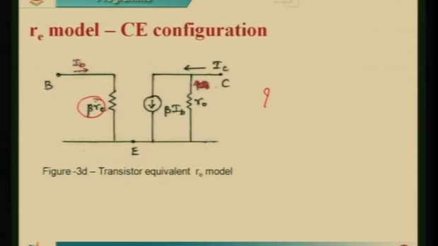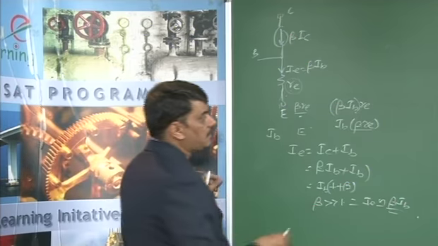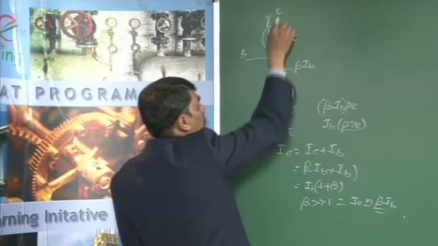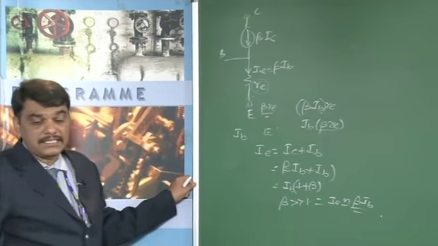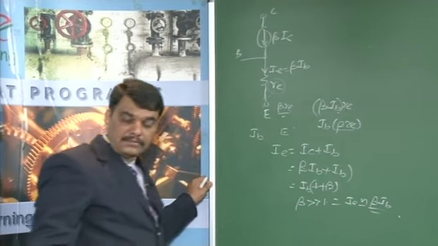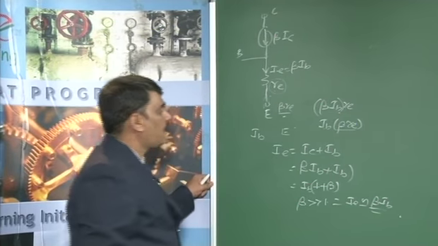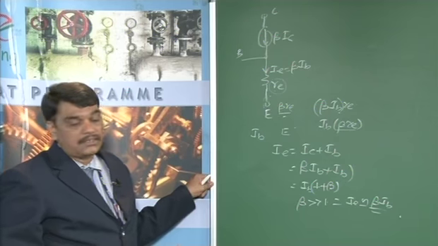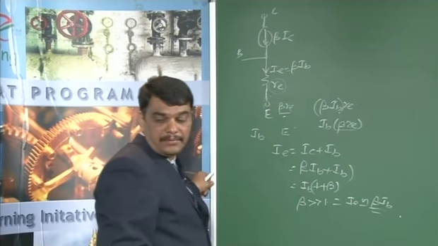Then the constant current source is denoted with beta times IB, and we show one more resistance, R naught. This is due to the conductivity between the collector and the emitter, as already discussed, and it is denoted by R naught, where the value lies between 0 and infinity, or RF and infinity.